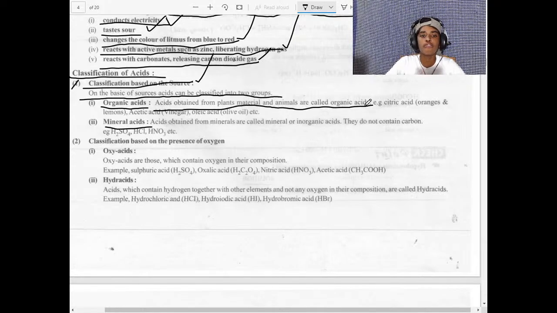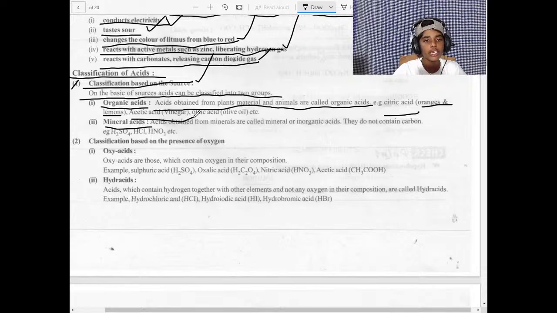Examples: citric acid in oranges and lemons, acetic acid in vinegar, and olive oil. Mineral acids: acids obtained from minerals are called mineral acids or inorganic acids. They do not contain carbon.